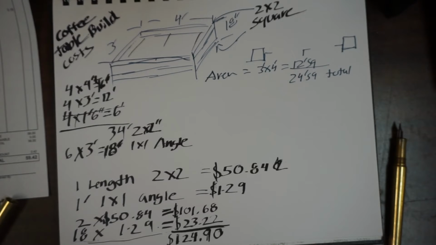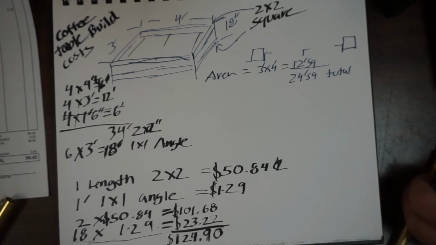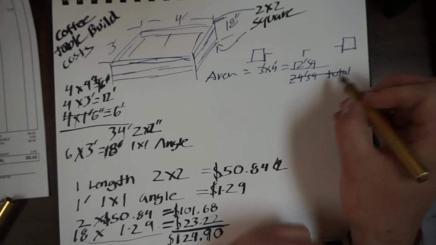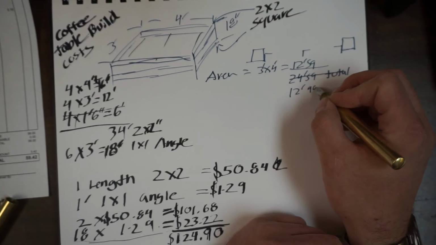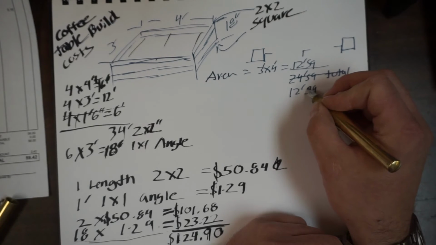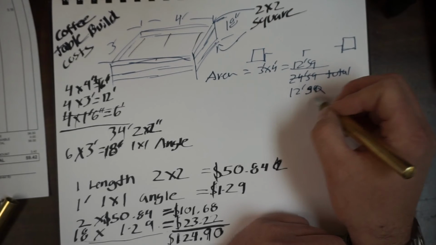Okay, so the African Padauk is coming in two different thicknesses. One is $12.99 for an inch in thickness, and the other is $13.99 for 2 inches in thickness. So we're going to go with the $13.99 and we'll divide that by 2. So for our purposes, we really only need 12 square feet. Let's just write it that way.